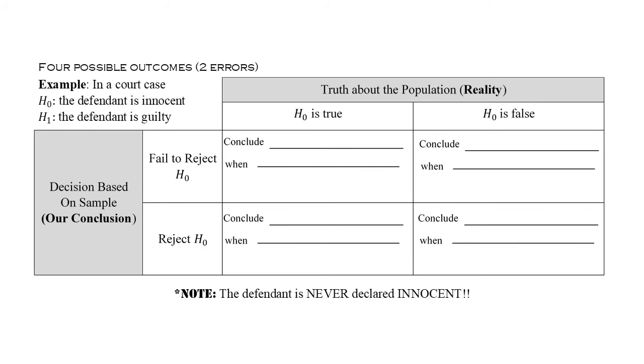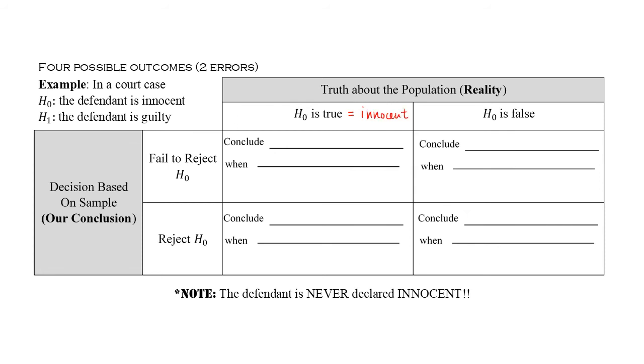And let's start with this first one, where we've failed to reject H0 when H0 is in fact true. So in this case, if H0 is true, then he's innocent.